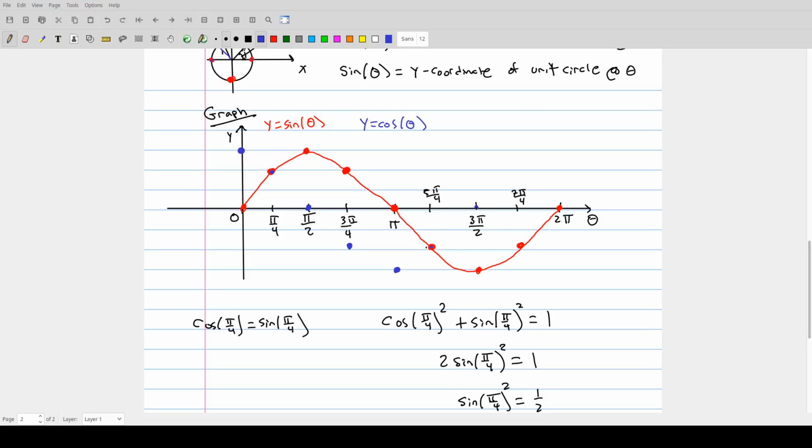And as we go through and continue this process, we get a nice picture of what the cosine function looks like. Looks kind of like this.